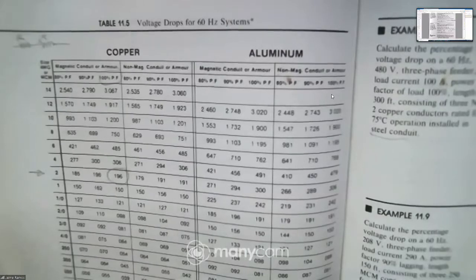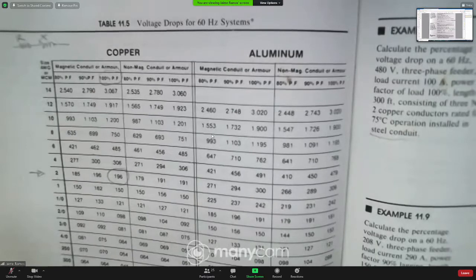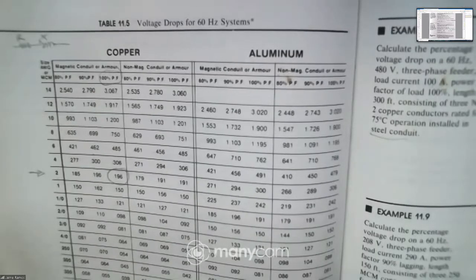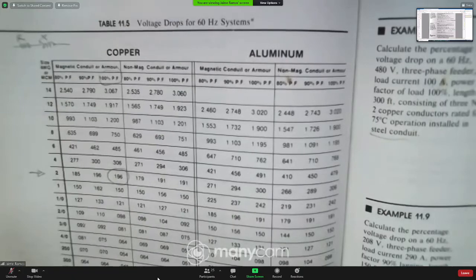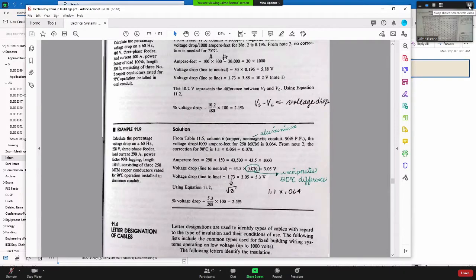Aluminum. So for this case, the ampere-length is 290 times 150. So that's 43,500. So he's going to use 43.5.